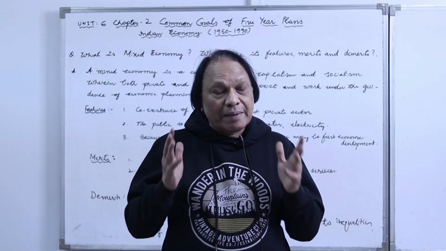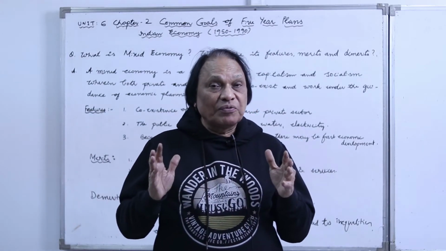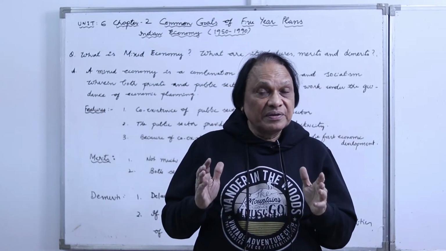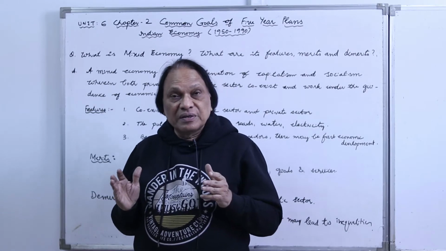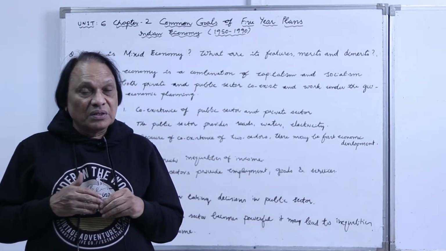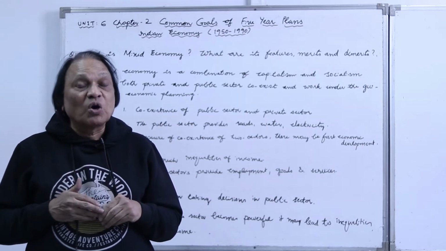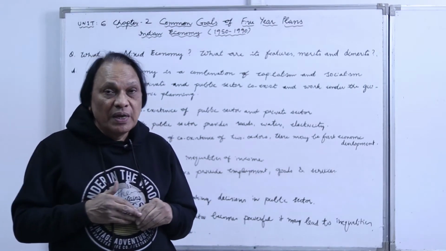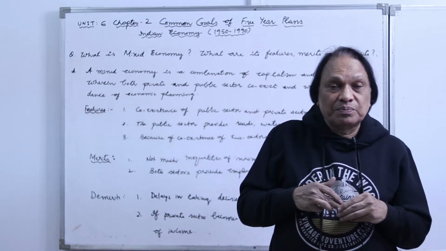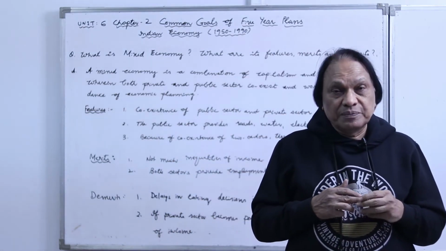That means in a capitalist economy, there is no role of the government. The private sector takes all the decisions. The central problems of what to produce, how to produce, and for whom to produce are solved through the price mechanism by the force of demand and supply.